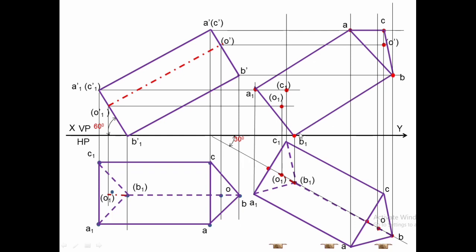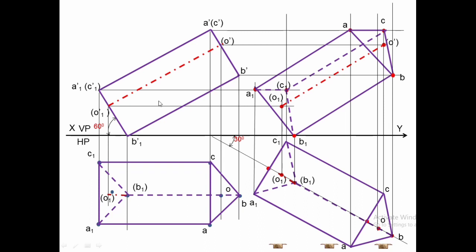You got the remaining edges, like B1 C1, C1 A1, and the longest line which is also inside the boundary, that is also by thick dashes. All these things we are going to show by thick dashes. Mark the axis. This completes the top and front views of the given problem.